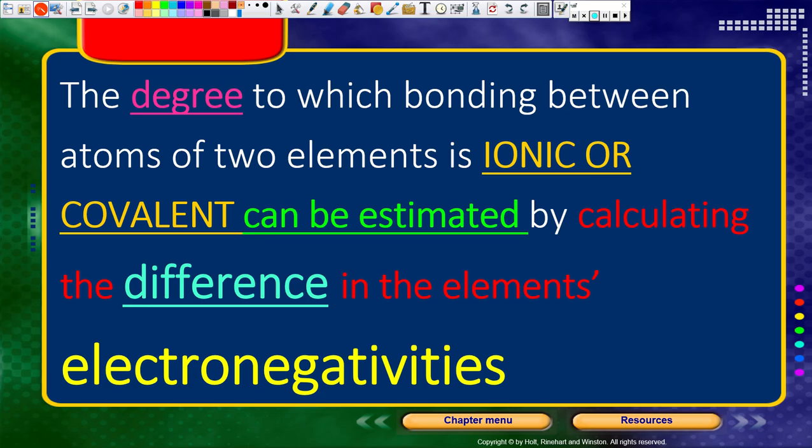Write the word subtract above difference or around difference. Let me give you good news. We're not going to be doing any math in this class, but I'm going to show you, in this unit, how simple it is. It's either ionic or covalent by estimating the differences in their electronegativities. It's like an 8-syllable word.